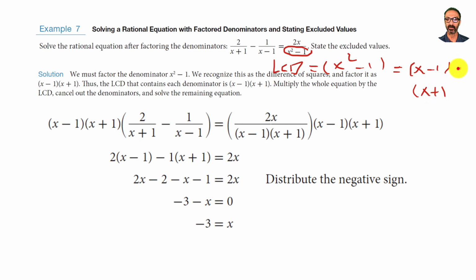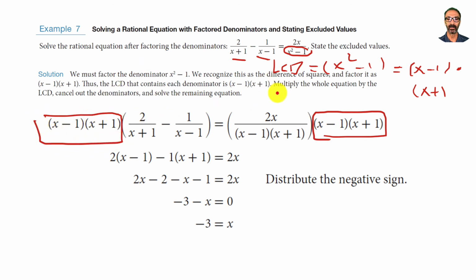So that is right here and right here. So if you bring it, that is my LCD. Bring it to both sides. That should be fine. That's my LCD, which is the same thing as we agreed on, x squared minus 1.